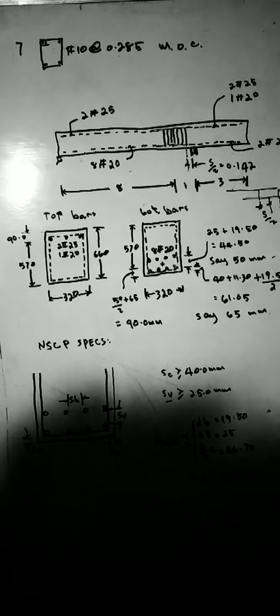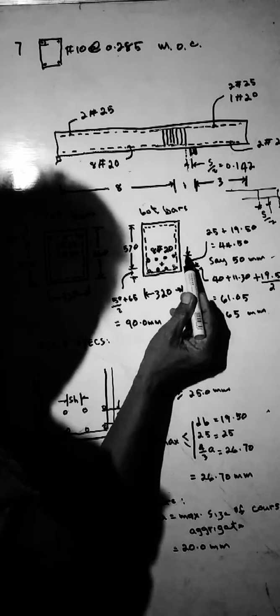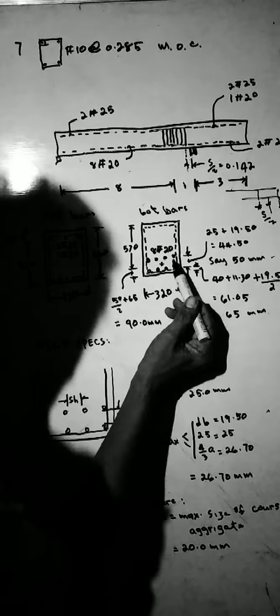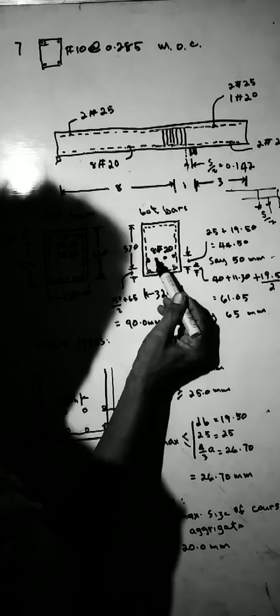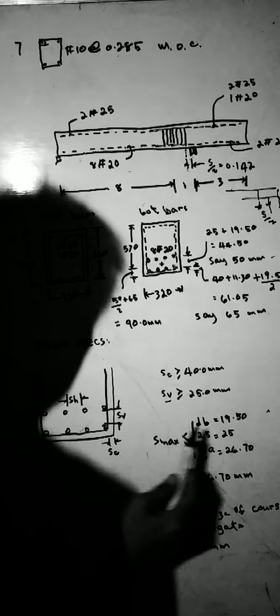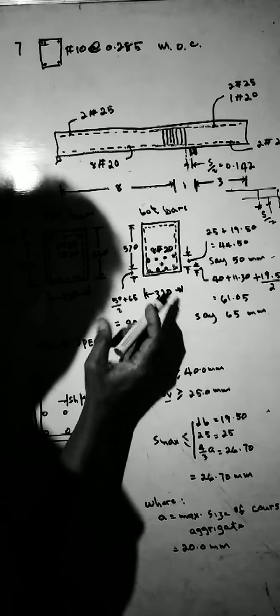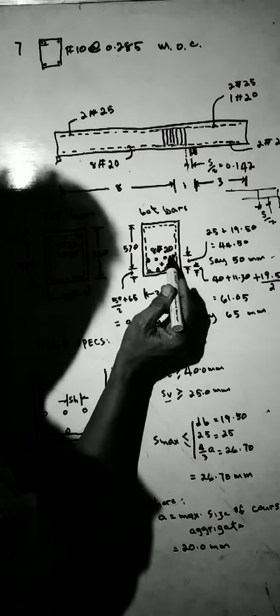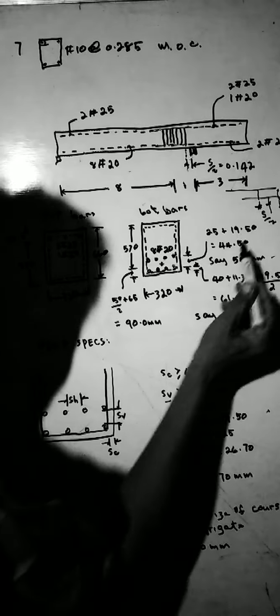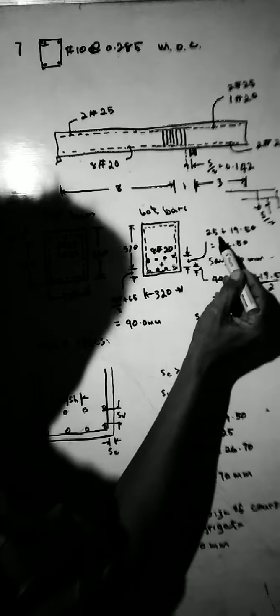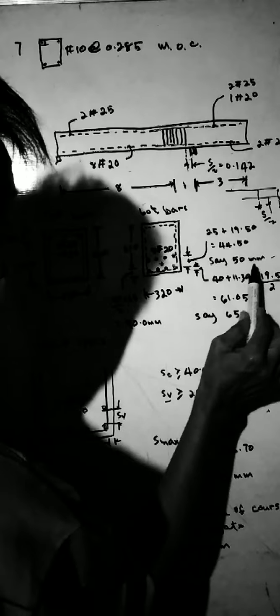As I said, the spacing of the two layers of bars is 25 plus 19.5. Okay, this is the result, say 50 millimeter.